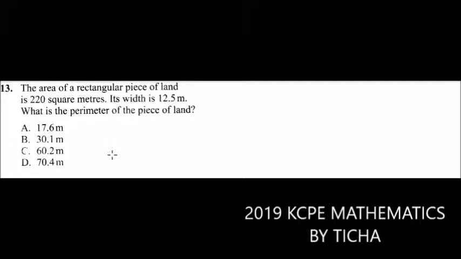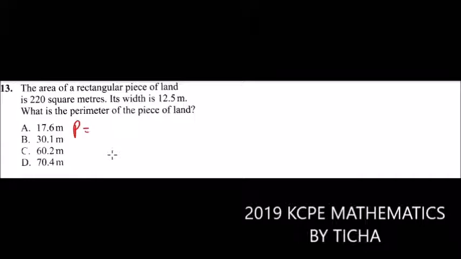Question number 13. The area of a rectangular piece of land is 220 square meters. Its width is 12.5 meters. What is the perimeter of the piece of land? So the first thing to ask yourself is, how do we get the perimeter of a rectangle?